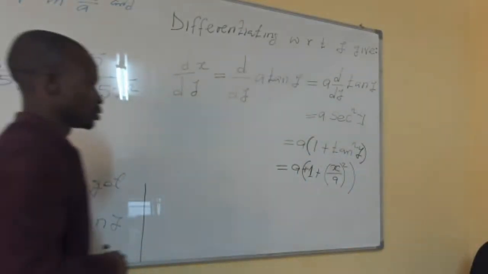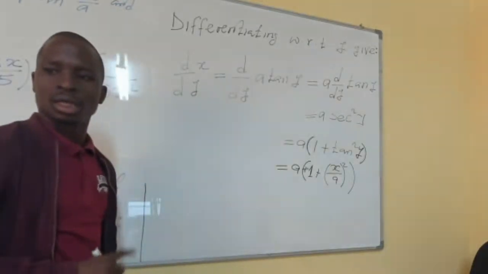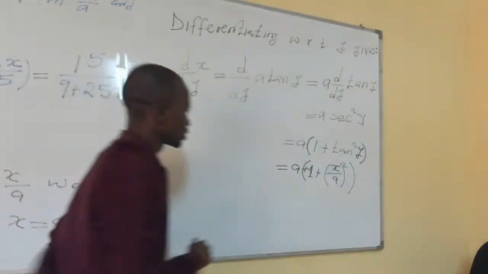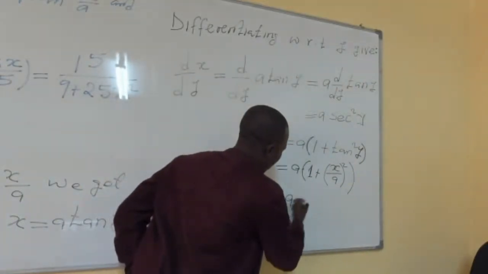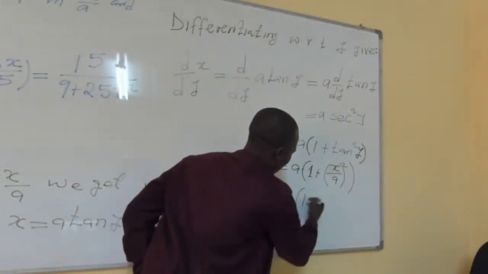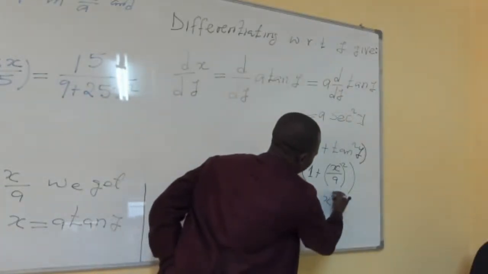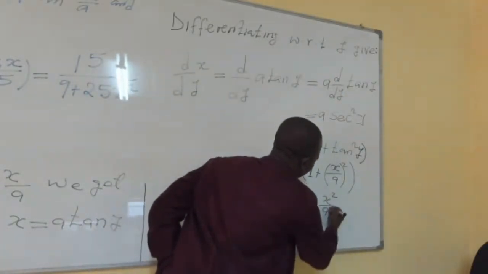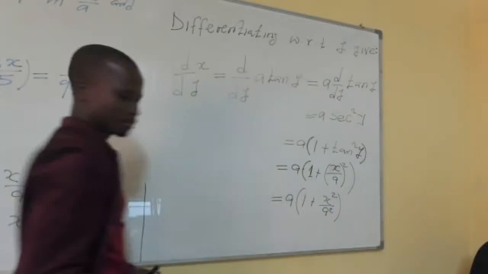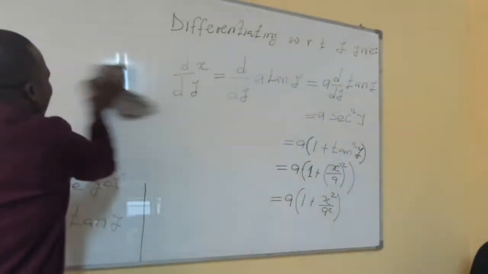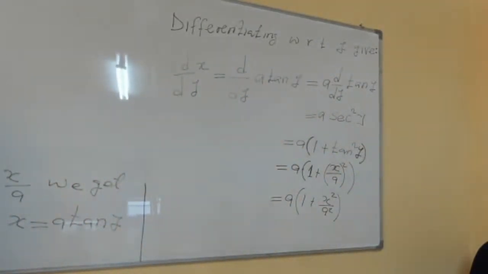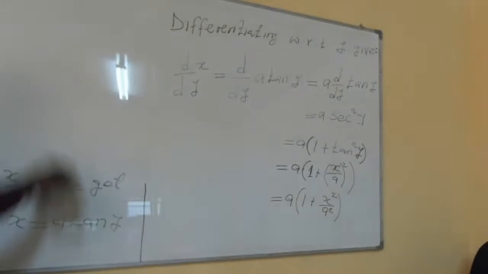Okay, so then, if we simplify, this is 1 plus x squared over a squared. I'm just doing the simplification for the sake of you to grasp the concepts, otherwise I would have just gone direct, but I don't want to leave anyone behind.